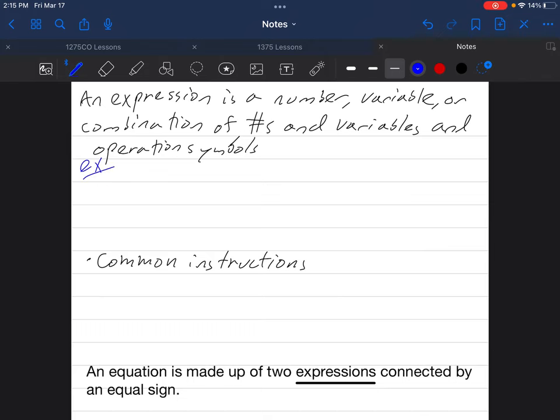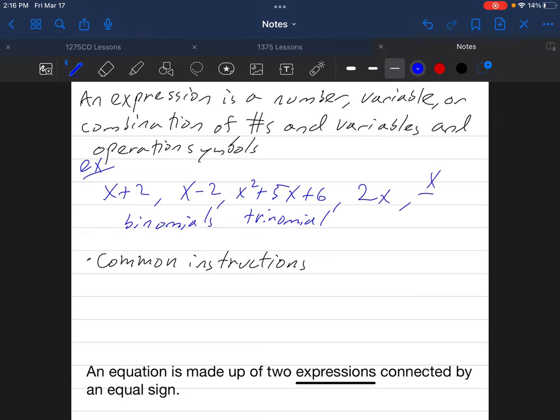Some examples of an expression, x plus 2, x minus 2. These are examples of binomials. X squared plus 5x plus 6 is an example of a trinomial. And this expression is factorable. This is a factorable expression. Expressions can be smaller, 2x, x over 2, which is the equivalent of 1/2 x. These are monomials. But these are all expressions.